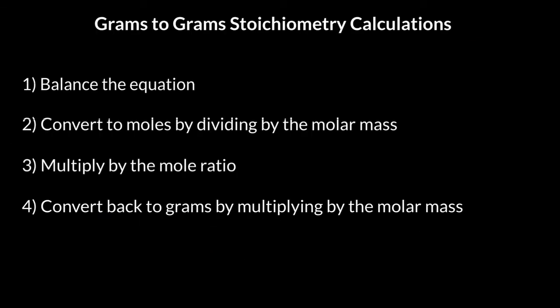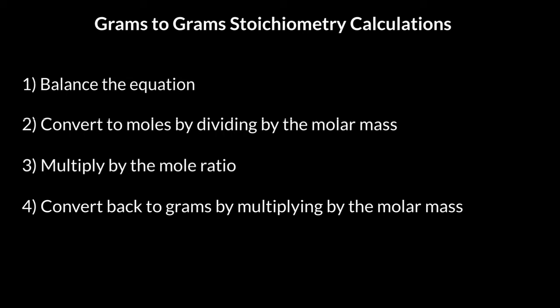Before we move on to another example, let's just review the steps in that calculation. So first, I need a balanced chemical equation. Now for this particular example we just did, the equation was already balanced, but I always want to make sure that I'm working with a balanced chemical equation before I start doing these calculations. Second, we want to convert the given quantity in units of grams to moles, and we do that conversion by dividing it by the molar mass.